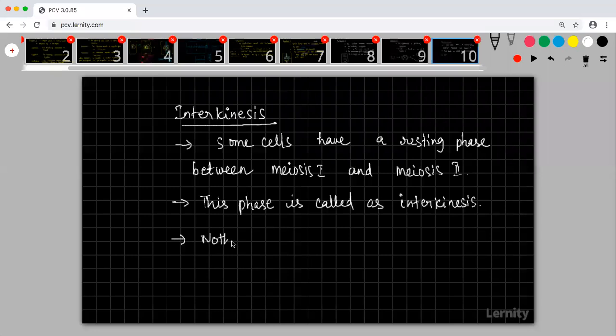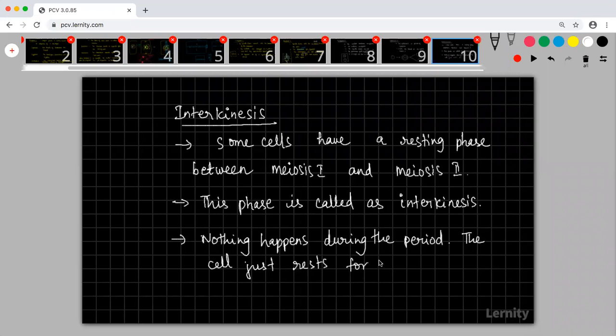Nothing happens during this period. The cell just rests for a while.